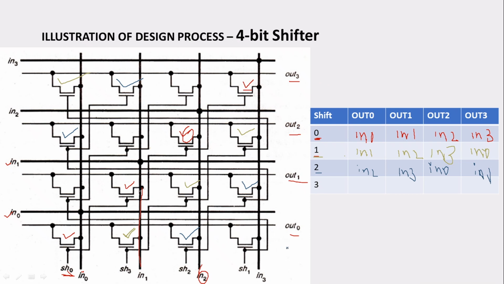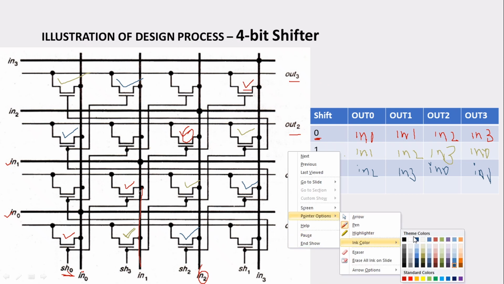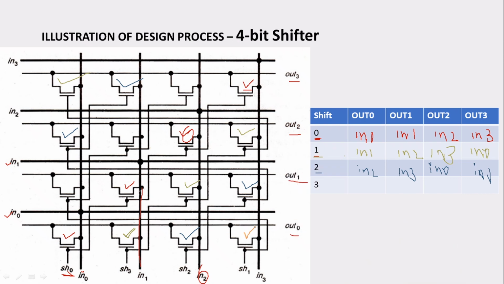In the similar way, when the shift is 3, this transistor is connected to IN3, so this is IN3, and again it will be IN0, and this particular transistor is on next, so it is IN1, and this particular transistor is high, so it is IN2.